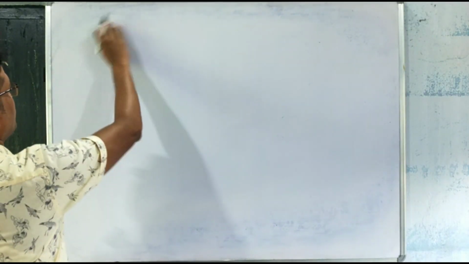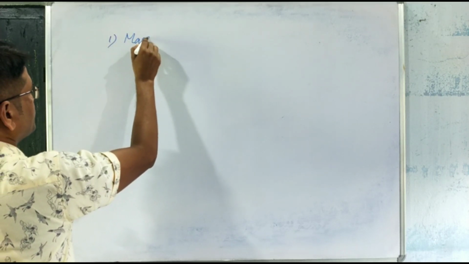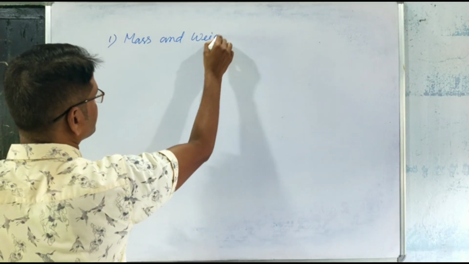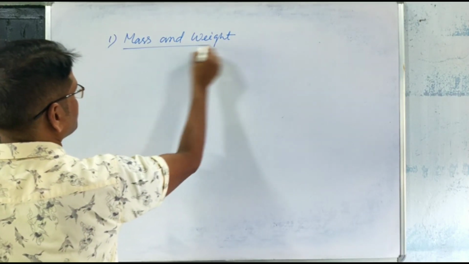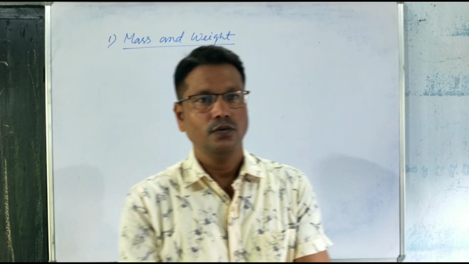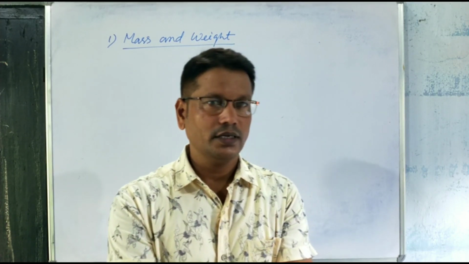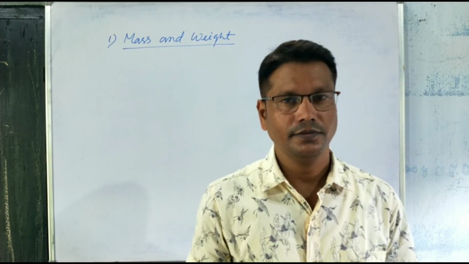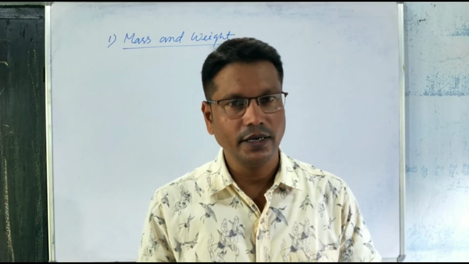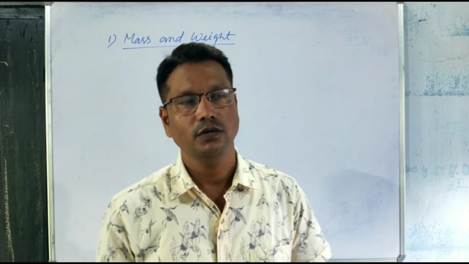So first of all, I will discuss the unit of mass and weight. In general, we have a confusion about mass and weight. Is it not? But actually they are different, though we use similar units to express mass or weight.